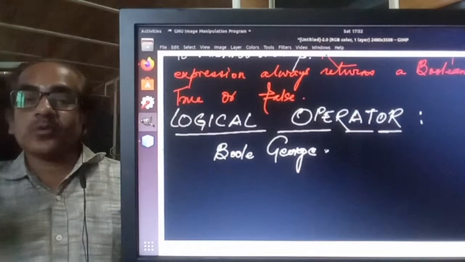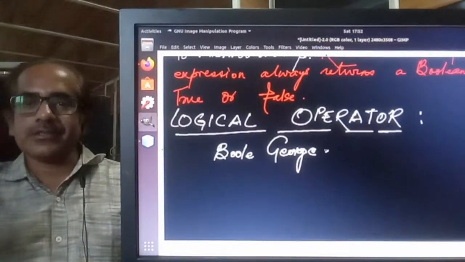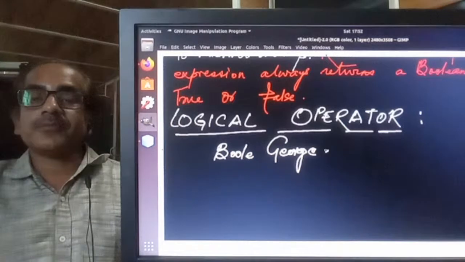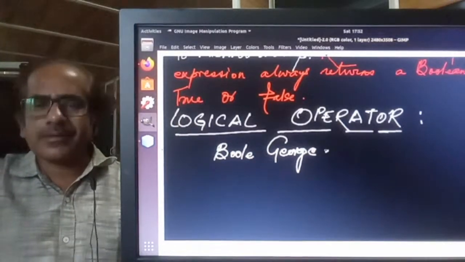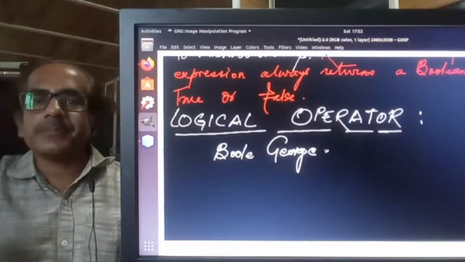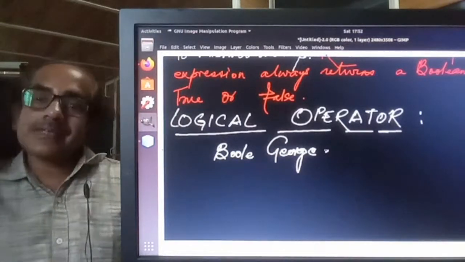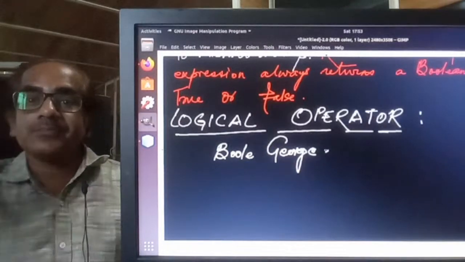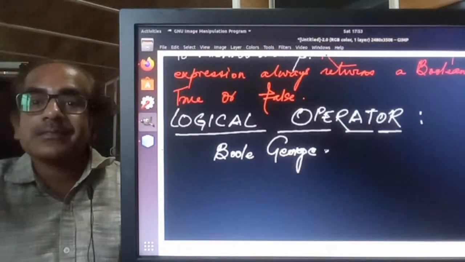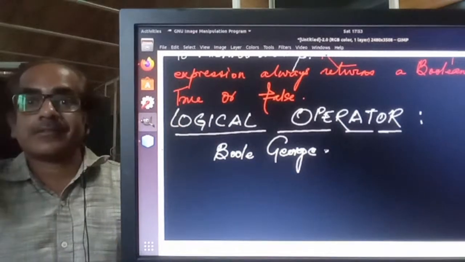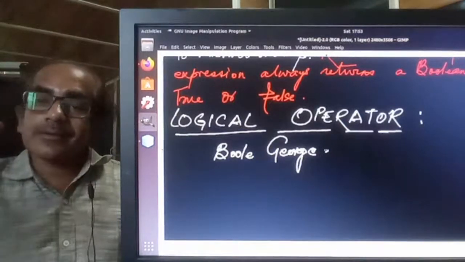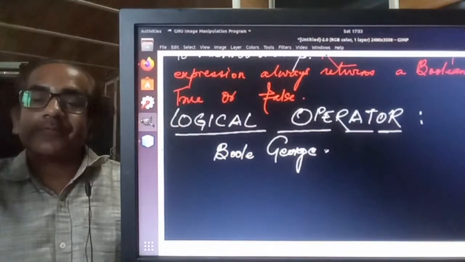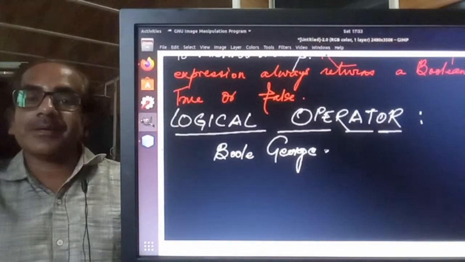He was the first mathematician. Actually, this concept is from before the invention of computers, even the conventional computers. He framed a mathematics of facts. He is known for one of the algebras he developed, called Boolean algebra.